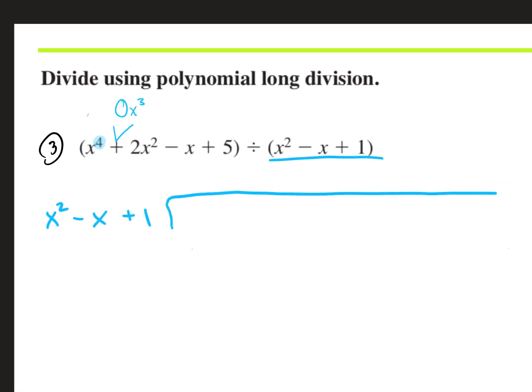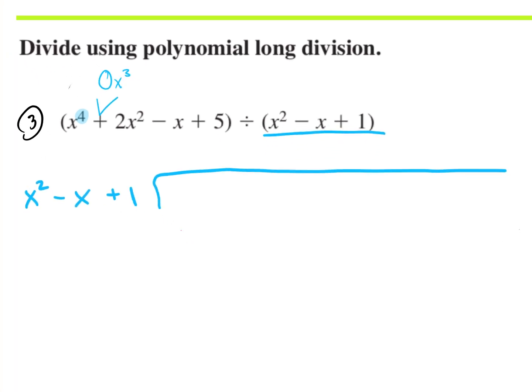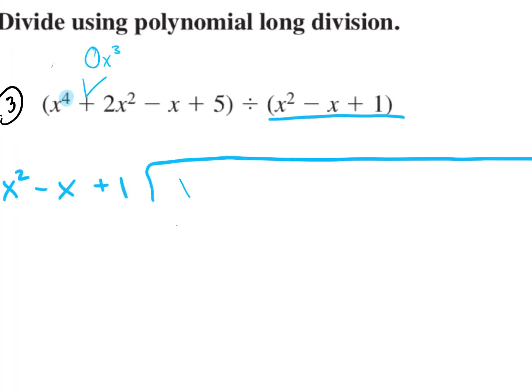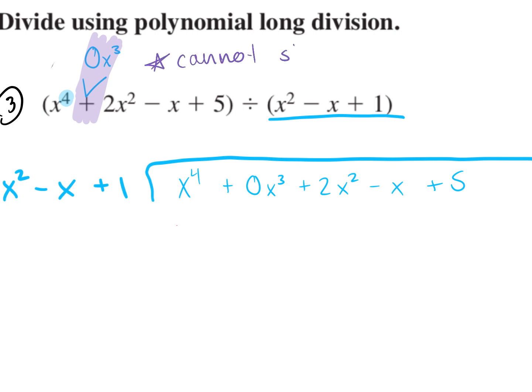So inside the box, I have x to the fourth power plus 0x cubed, almost skipped it, plus 2x squared minus x plus 5. So just make sure you are including that 0x cubed in that spot. We need every term represented. So you cannot skip a term.